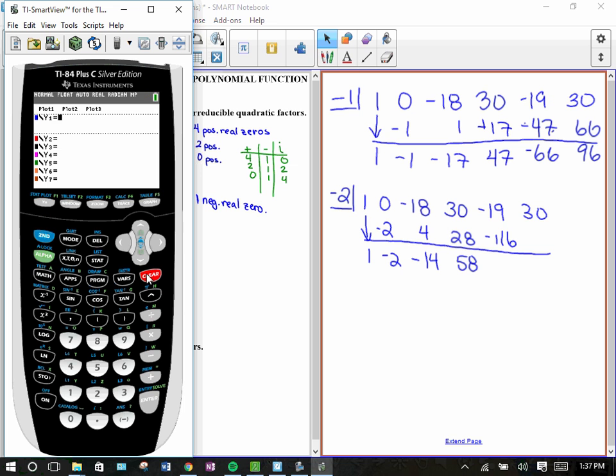So we have x to the 5th minus 18x cubed plus 30x squared minus 19x plus 30.